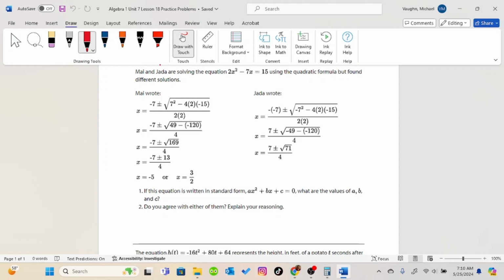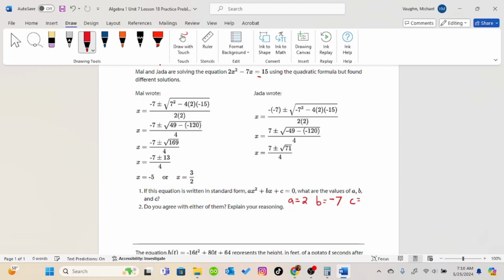So, a is with x squared, so it equals 2. b is with x, so it equals negative 7. And c, we would need to rewrite this so that it was set equal to 0.